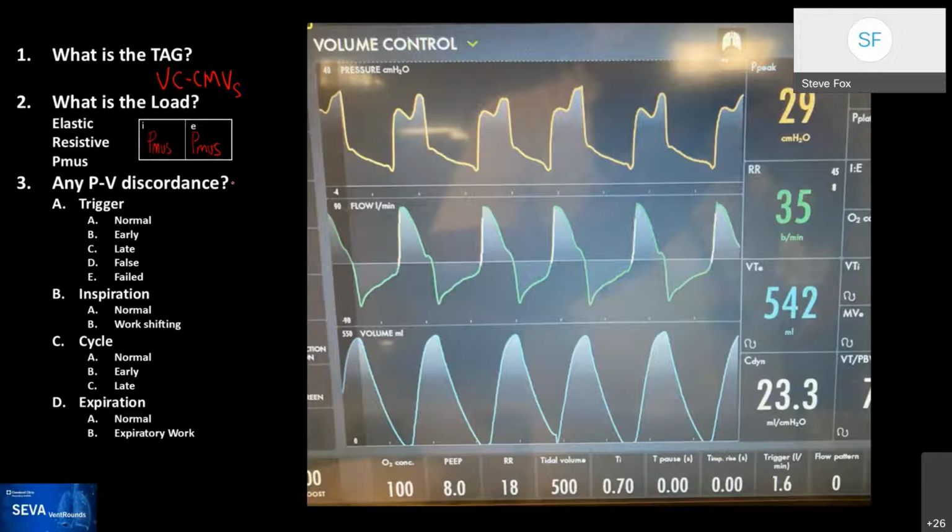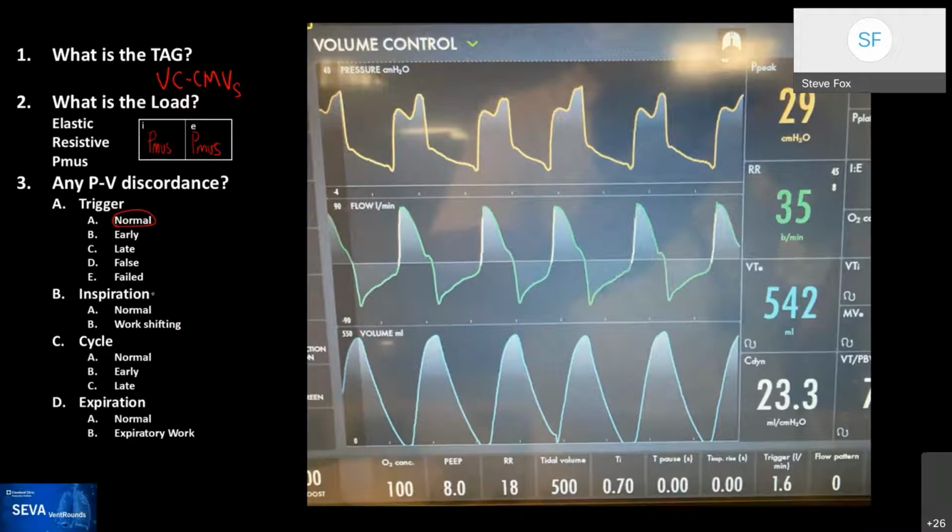NEPV discordance. So the trigger, they're all patient triggered. And let's see, the trigger at 1.6 liters per minute. I don't see any reason that the trigger would be anything other than normal. In terms of inspiration, as I mentioned, I think there's a hint of work shifting.